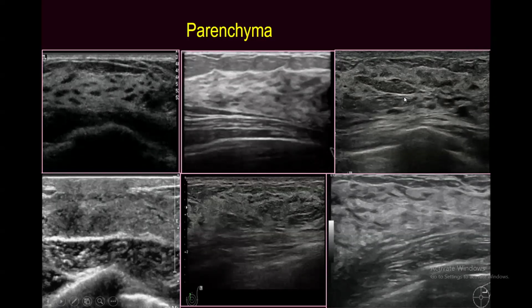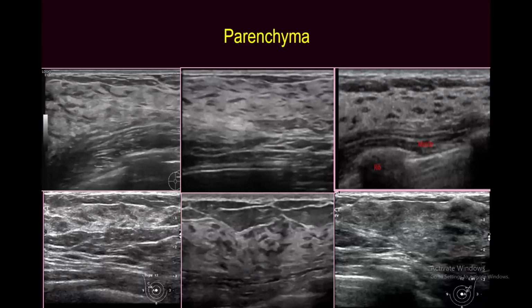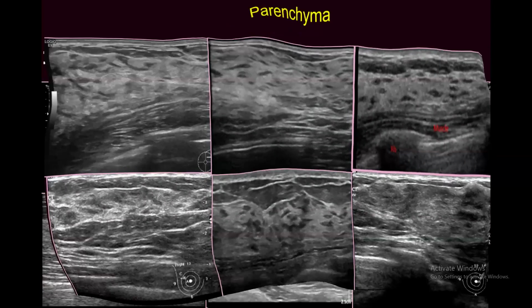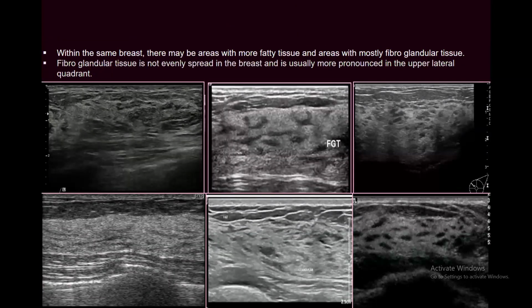All are fibroglandular breasts, but even the fibroglandular parenchyma looks different in appearance and color from one breast to another. Here are another 6 examples, again not similar to each other or to the previous ones. Another 6 examples. Can you see how it differs?